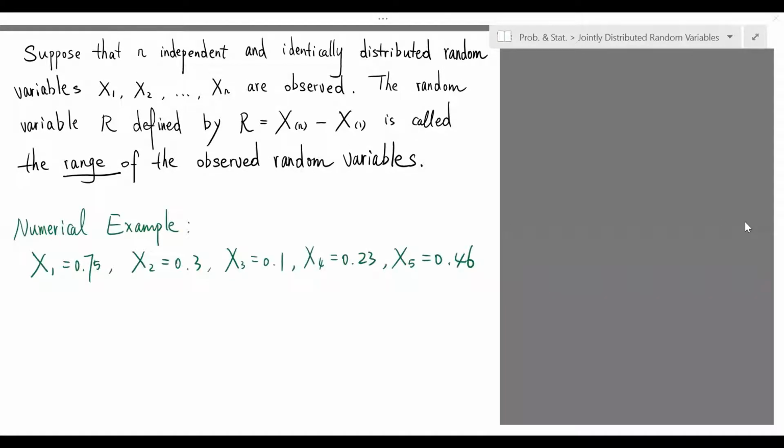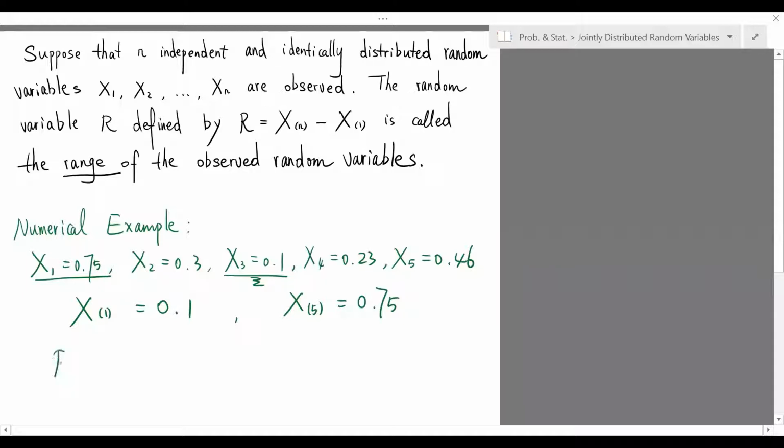In order to clarify the concept, let's look at the following numerical example. Suppose 5 random variables are observed in this assignment of values. The smallest is given by 0.1, which is the number of X sub 3, and the largest is given by 0.75, which is X sub 1.